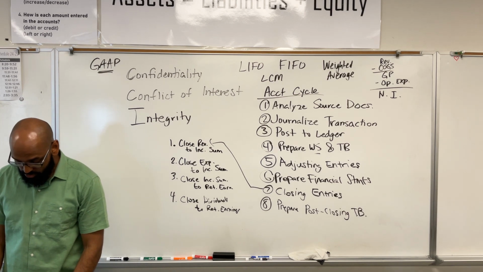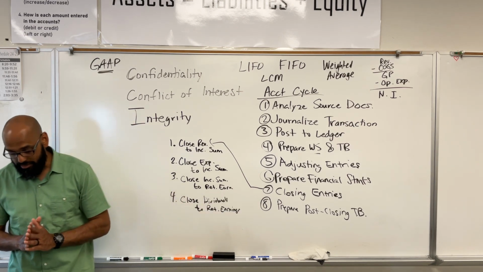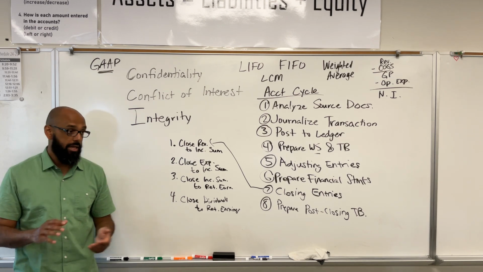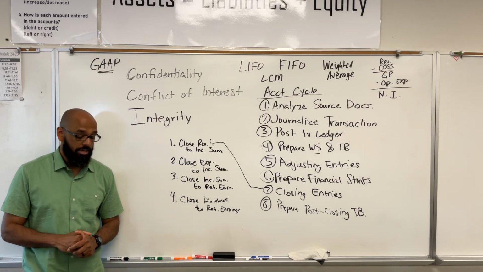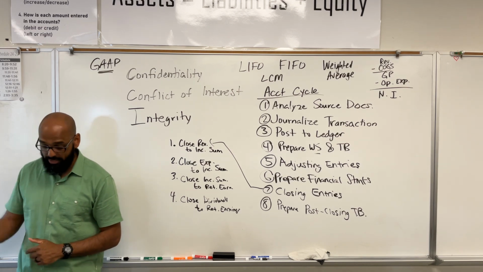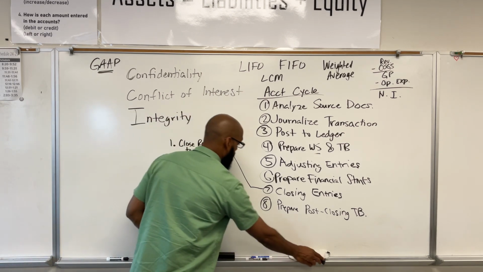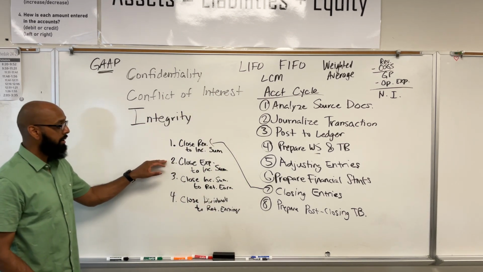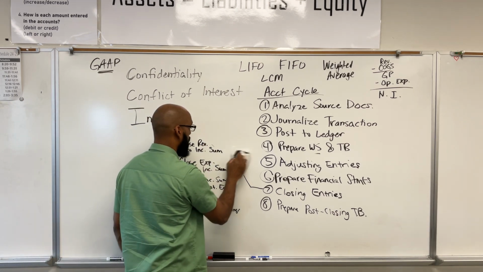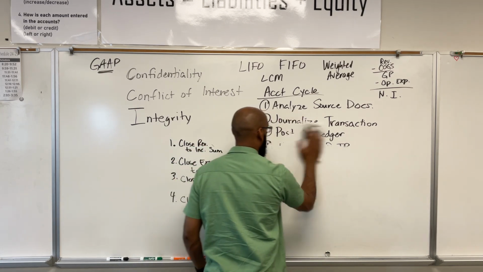All right, and so the whole purpose of closing entries is to reset our nominal accounts, AKA our temporary accounts, back to 0 at the end of the accounting period so they're ready for the next accounting period. And so yesterday we talked briefly about these 4 different closing entries, and so I just want to zoom in on those 4 closing entries today and talk about them in a little bit more detail.